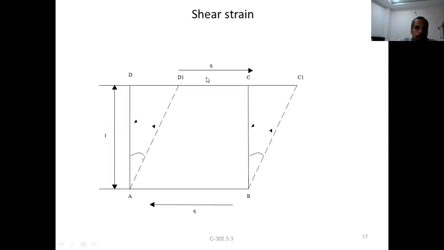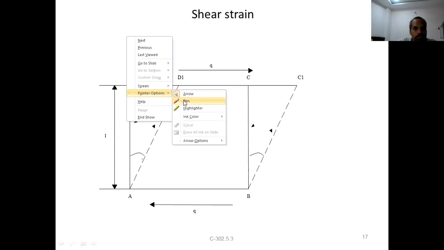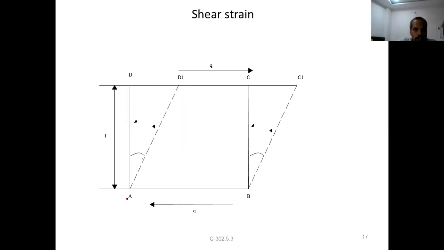Now come to the most important thing, that is shear strain. Let us say a body ABCD is subjected to some force in the tangential direction. Let us say it is fixed at this end, and on the top face CD it is subjected to some tangential force or shear force.